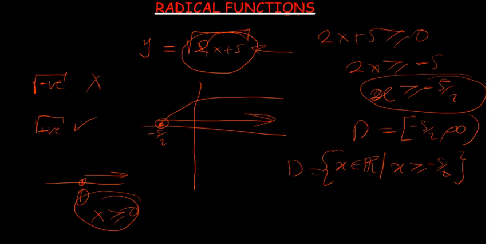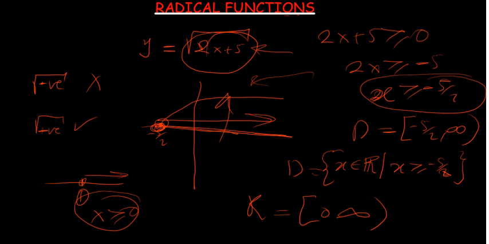So x is a member of the real numbers such that x is greater than or equal to negative 5 over 2. Or you can first sketch and then see where the graph is going. Now looking at this one, for our range, the smallest y value we have is 0, because on this line our y is 0. So it's from 0 and then it's going upwards. So 0 to infinity. That is going to be our range.